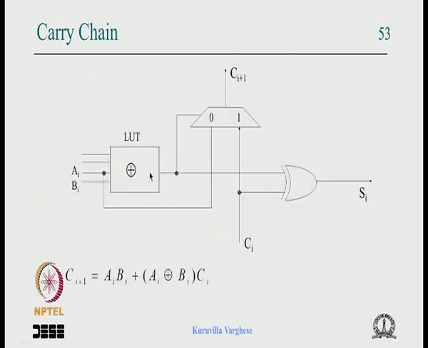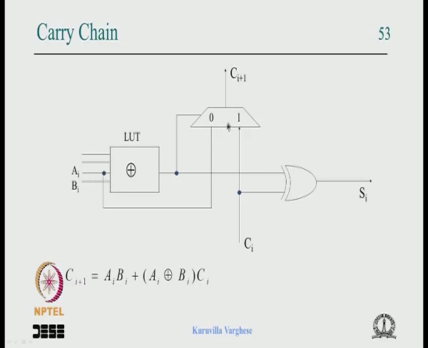And we have seen that for a particular stage I, the inputs AI and BI are given to a lookup table and an XOR is performed, and that XOR selects a mux. When it is 1, the carry output is the carry input, or if both inputs are 1, the carry is generated.